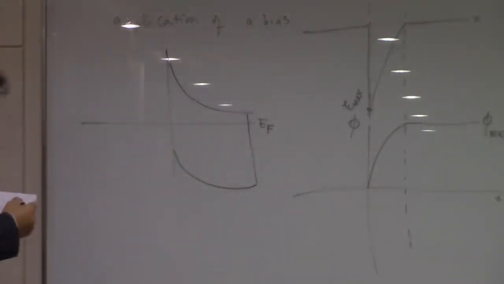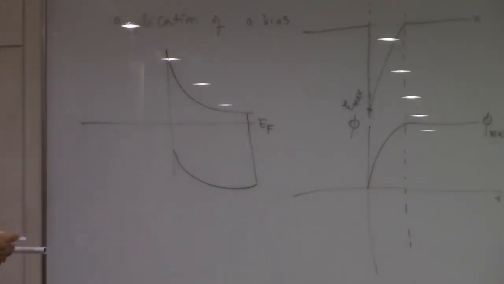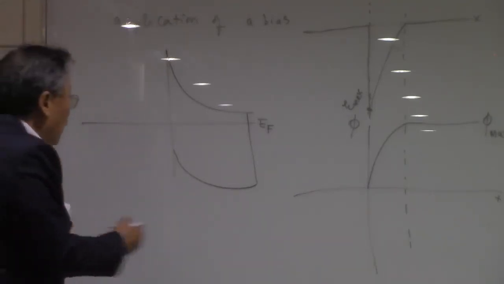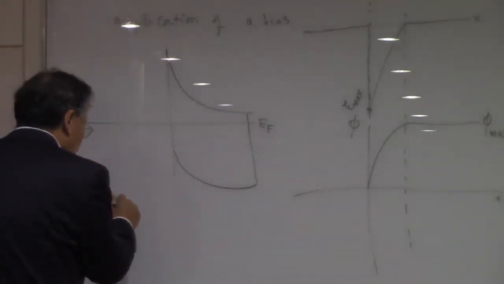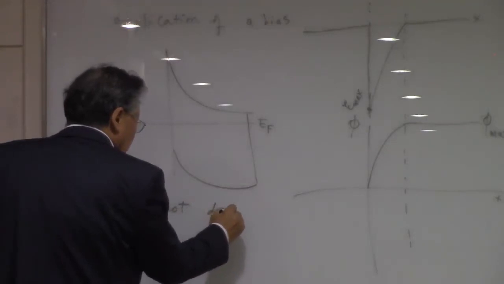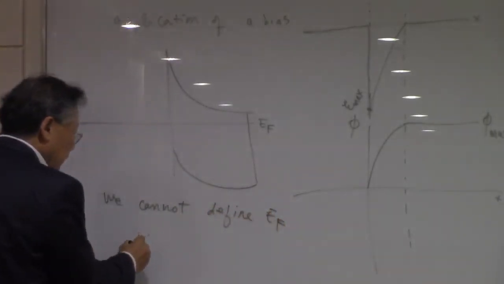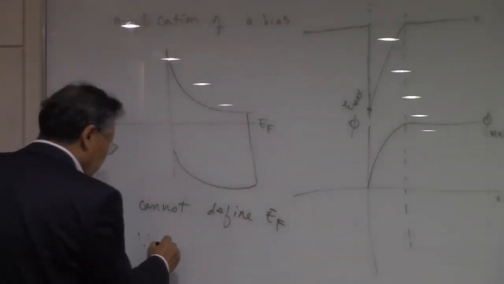But if you apply voltage to this junction, the first thing that happens is that we cannot define Fermi energies anymore, because it's not in equilibrium.